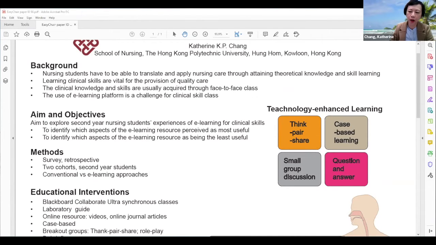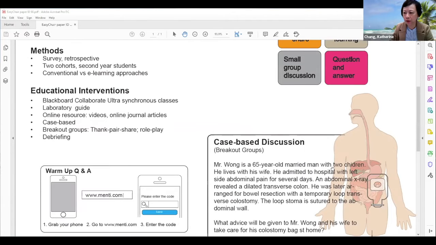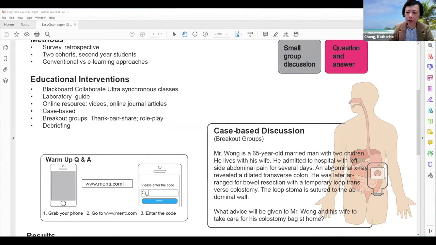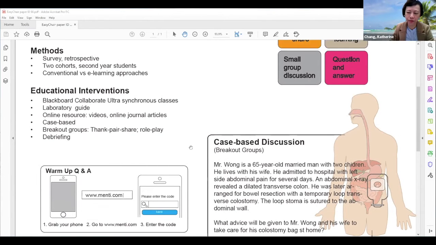For online mode, because last year we switched to online teaching and learning, not only was the laboratory guide provided with the case scenario for pre-reading, but short video clips of the clinical procedures were also provided to the students for pre-reading.